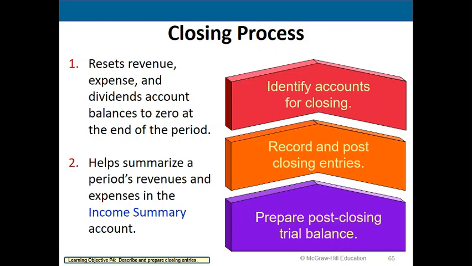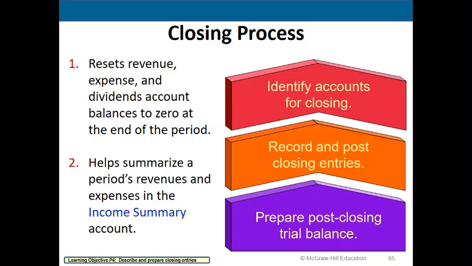The income summary account is a very temporary account. It's used only in the closing process, as you will see. And so you're going to identify the accounts for closing: revenue, expense, dividend, income summary. You're going to record and post the closing entries.